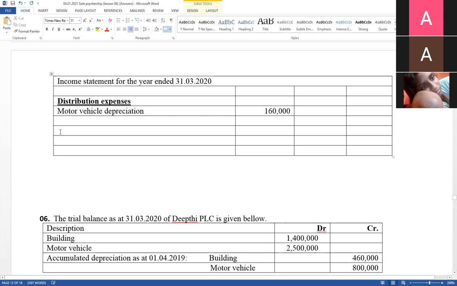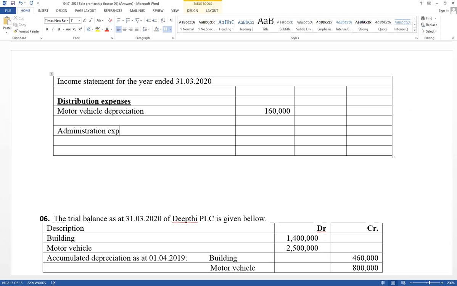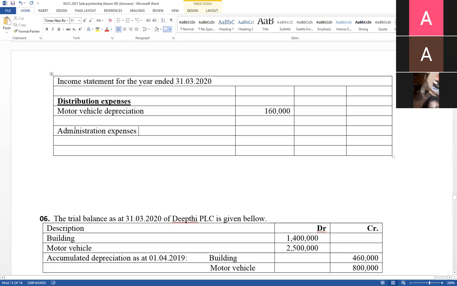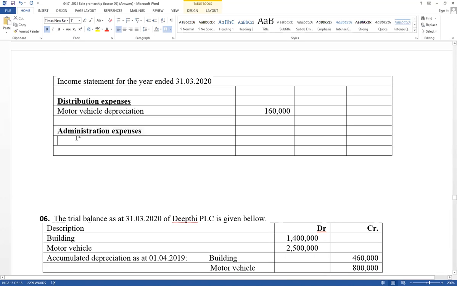Distribution expense, and under administration expense, building depreciation.